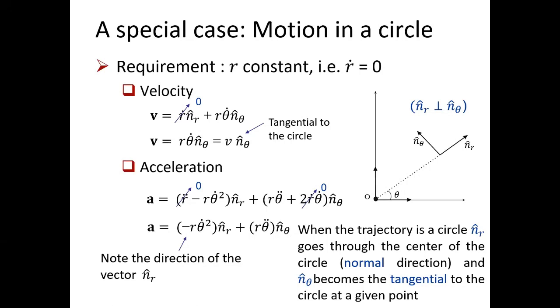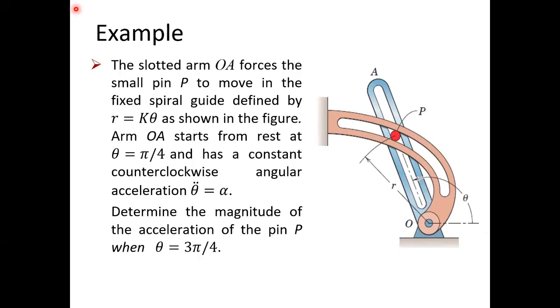And with that background, I hope we can look at a couple of problems and see how this concept is applied in different situations. Let's look at a small example to see how we could use the polar coordinate systems to analyze a problem.